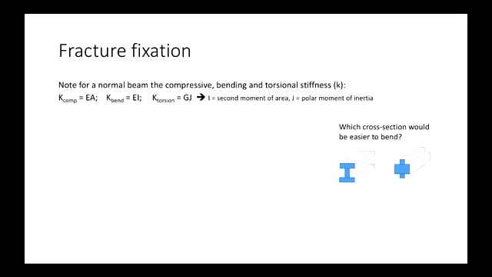Yeah, most people do. The reason is it has more material further from its bending axis that resists the bending; it gets more leverage. So the second moment of area basically describes how the material is distributed. This shape would have a higher second moment of area compared to this one, therefore it would be harder to bend.